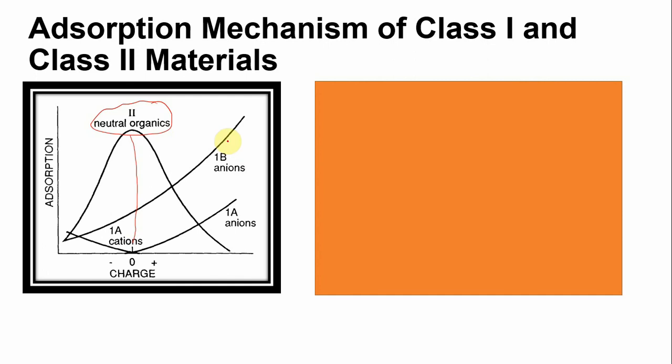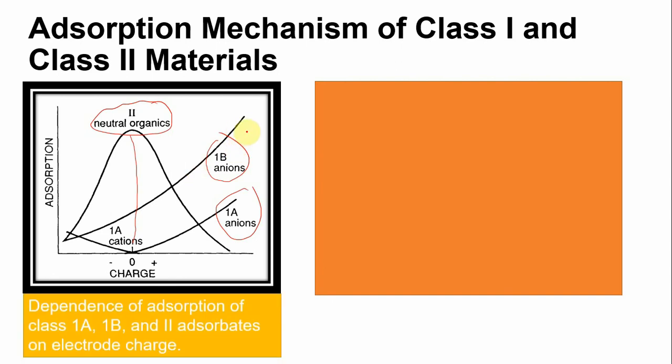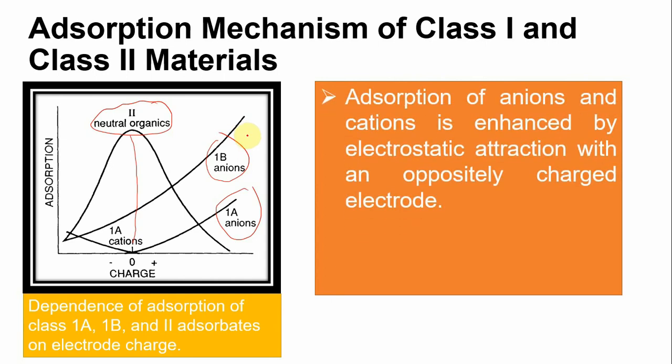So obviously the hydrophobicity is playing its role, since hydrophobicity is not just related to the pi electrons and their interactions. Therefore these anions are adsorbing more on the surface of the electrode. So here is a dependence: adsorption of anions and cations is enhanced by the electrostatic attraction with an oppositely charged electrode.